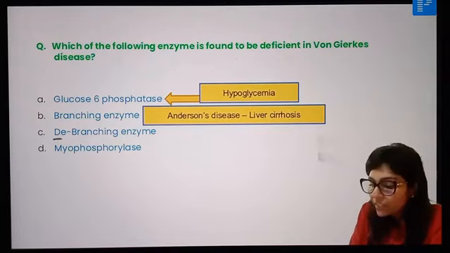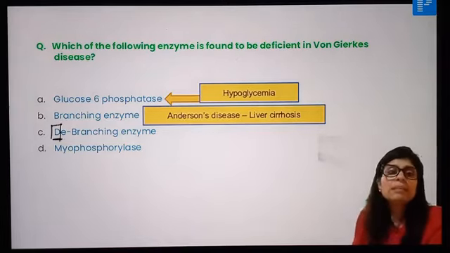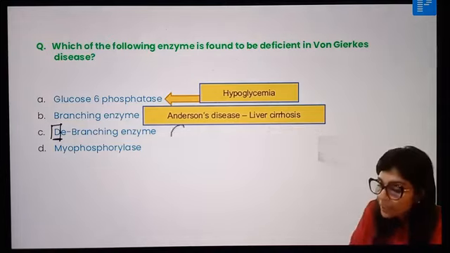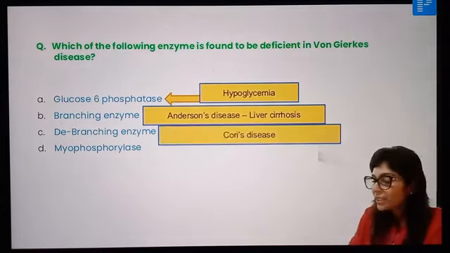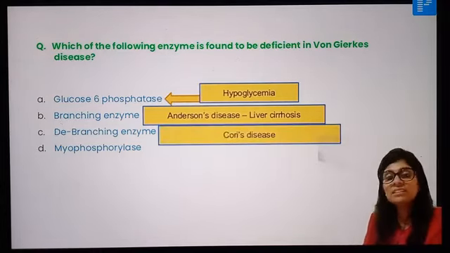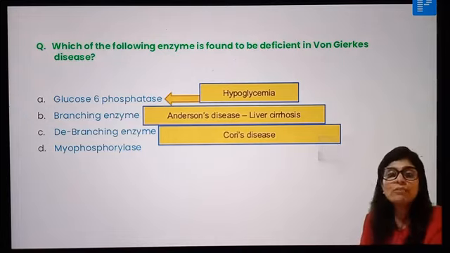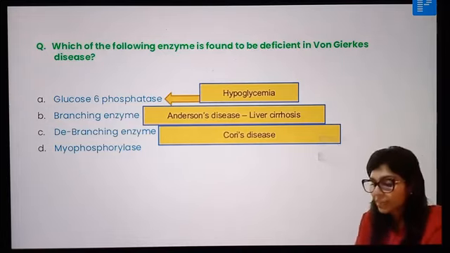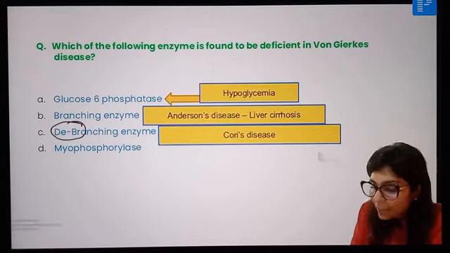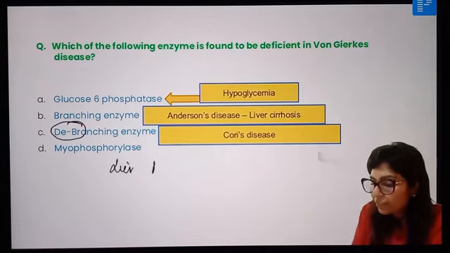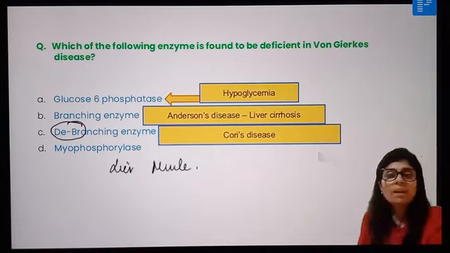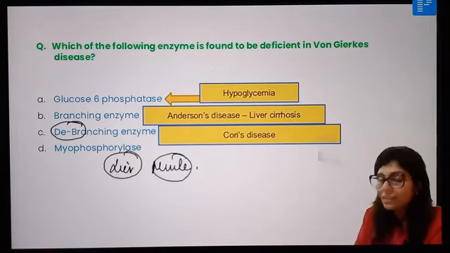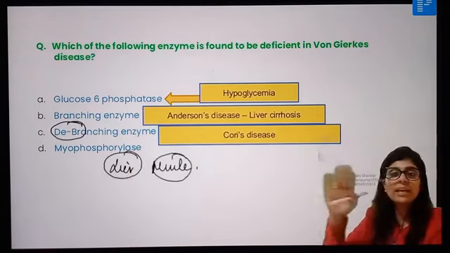Now, D branching enzyme defect. What is the first alphabet here? D. Tell me the alphabet before D. It is C. So D branching enzyme defect causes Cori's disease. Branching enzyme defect causes Andersen's disease. D branching enzyme defect causes Cori's disease. In this case, D branching enzyme is defective in both liver and muscle. So in both liver and muscle, glycogenolysis does not happen.